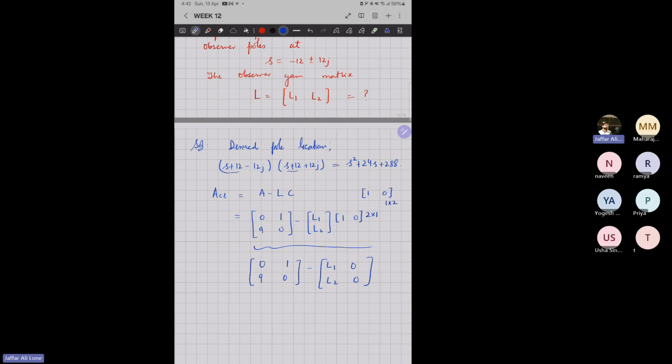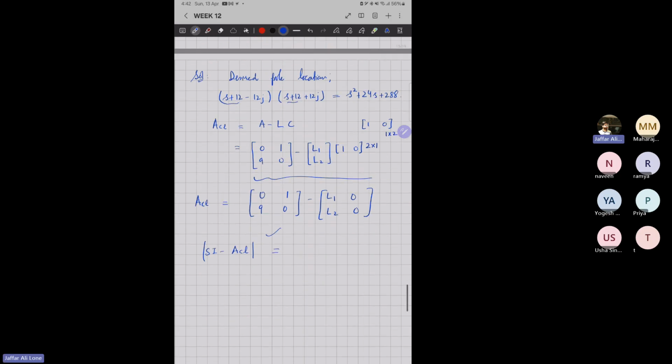Then you'll find this ACL, which is some matrix. Then you find SI minus ACL, the same process. You'll get some characteristic equation, compare it with this desired equation, and you'll get the values of L1 and L2. It's exactly the same as we did in the state feedback. Is that okay? Will you be able to do this?